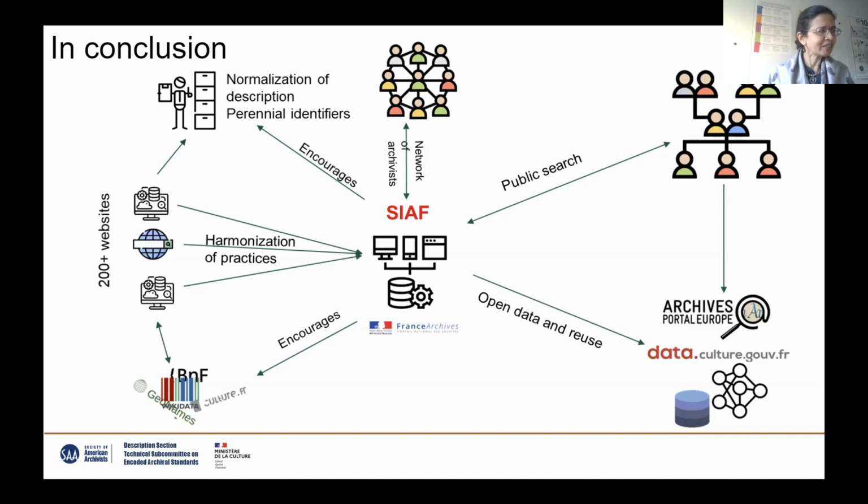The situation is favorable today to overcome the technical and human barriers, involving the whole network of French archivists with the activities of the work group on descriptions and FranceArchives at the core.